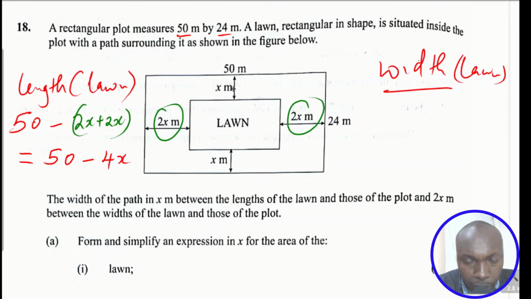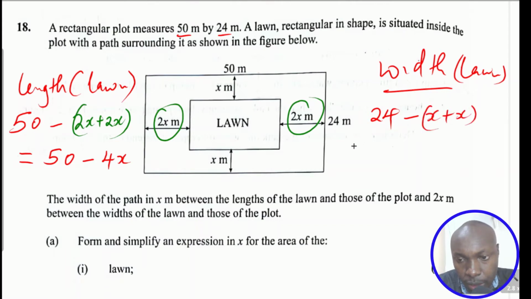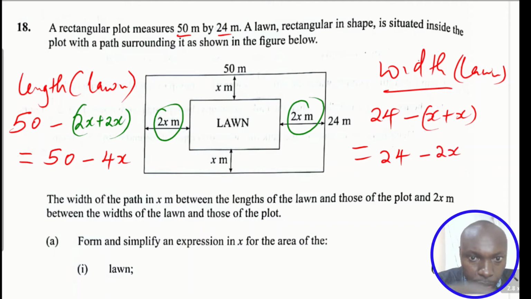The width of this path to the top is x, then to the bottom is x. So we shall obtain that by taking 24 subtract x plus x, and this will give 24 subtract 2x, because we are adding x to the top and x below.